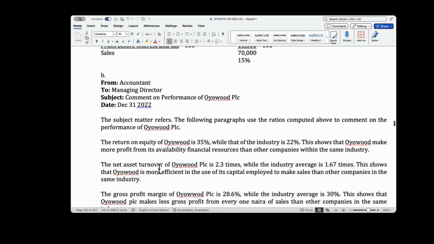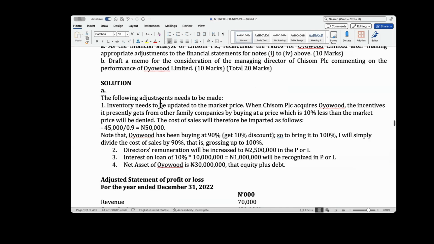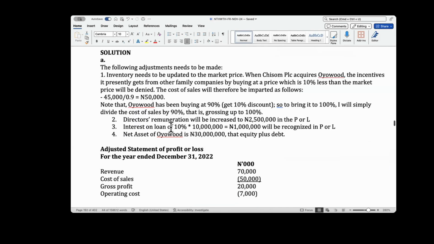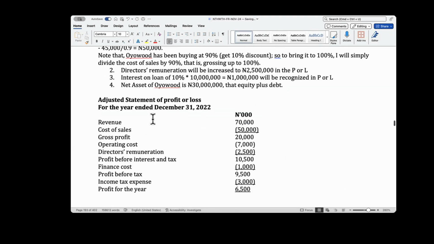And they said memo. It's not difficult. I think they say you are the financial analyst. So it will be from financial analyst, not from accountant. Whatever name they call you, you put it there. To MD. Who did they say we should write it to?